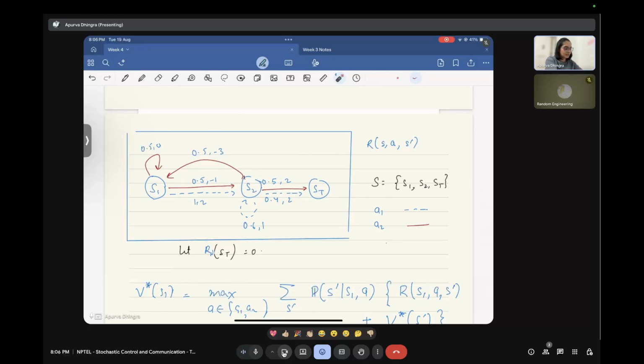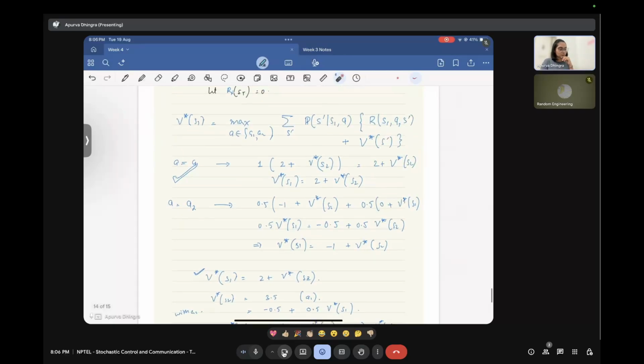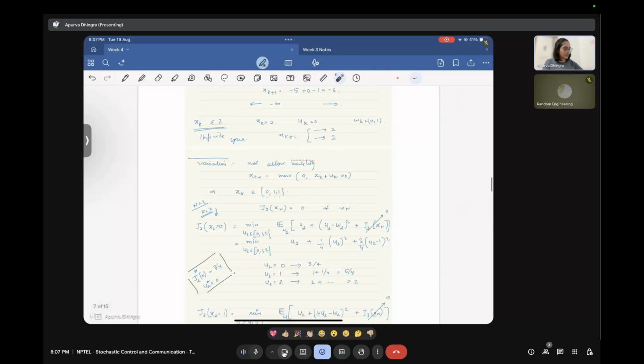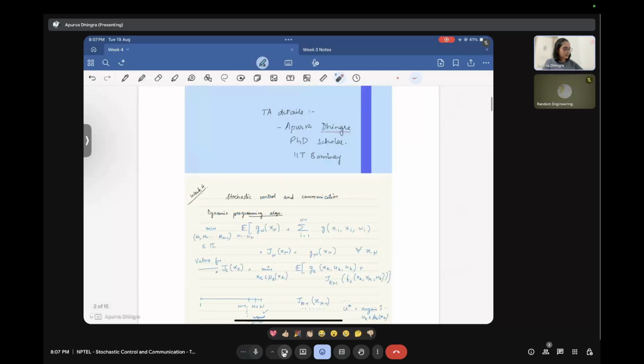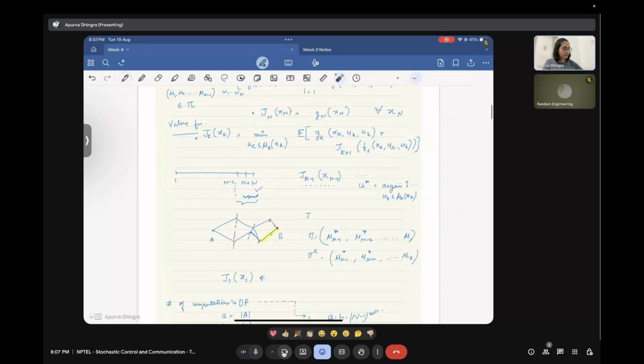So with this, we have talked about how to use the dynamic programming method and this value iteration method to solve for and get optimal values. Okay, so a very quick recap. We started by talking about what is dynamic programming.